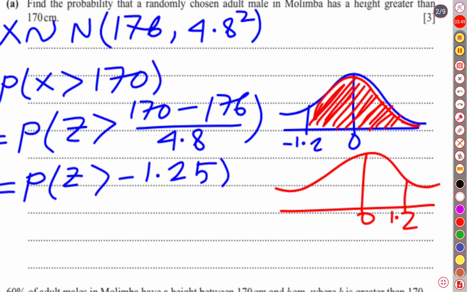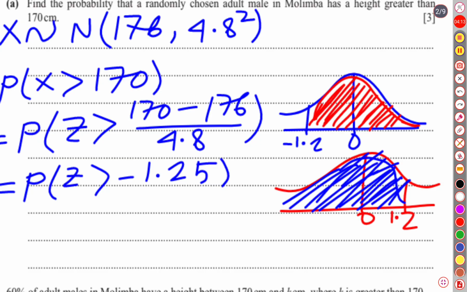We require the right side of the first graph, which must be symmetrical and similar to the left side of the second graph. Look carefully, you will find that this is exactly the same because the graph is symmetrical. So the larger region of the graph is our probability.